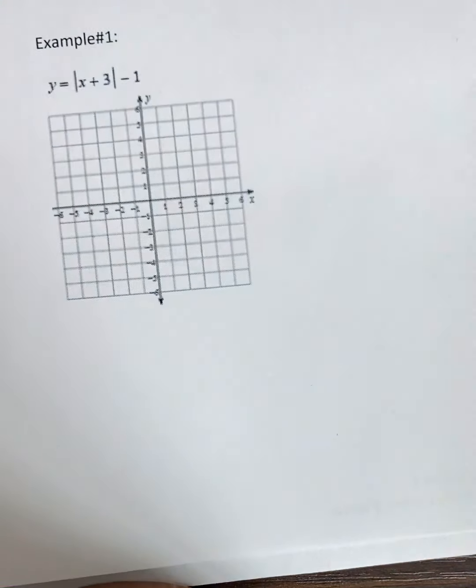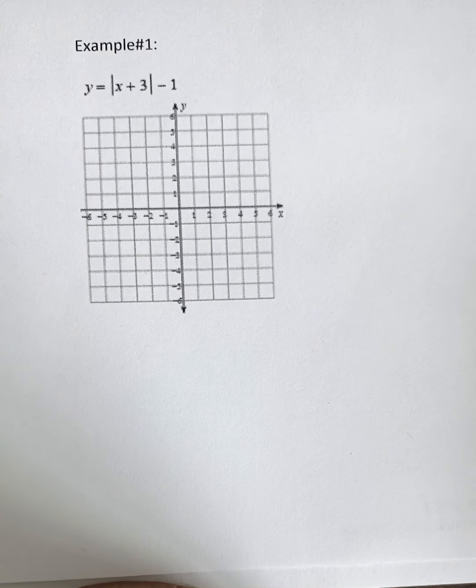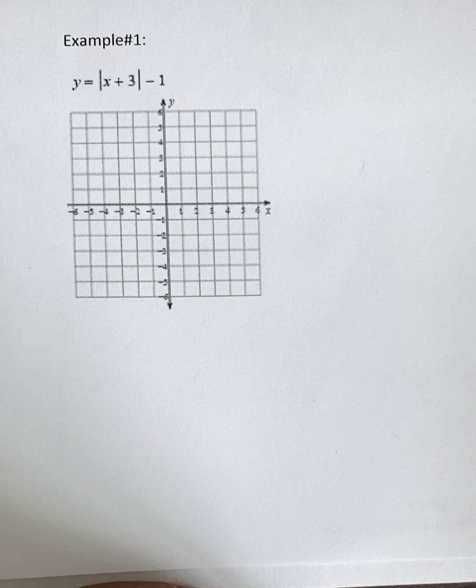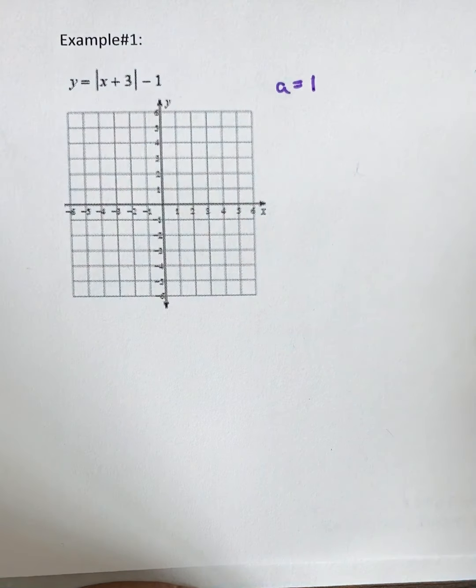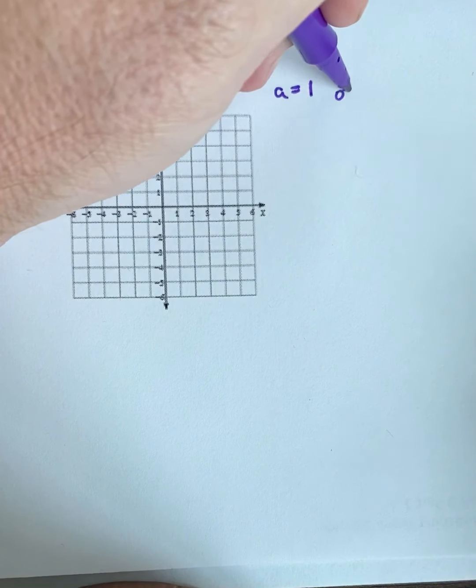Okay, let's look at a couple more examples here. Example number 1, y equals the absolute value of x plus 3 minus 1. Looks like a is equal to 1 here. So we know it's positive, so it opens up.